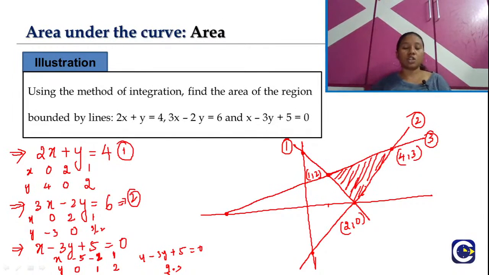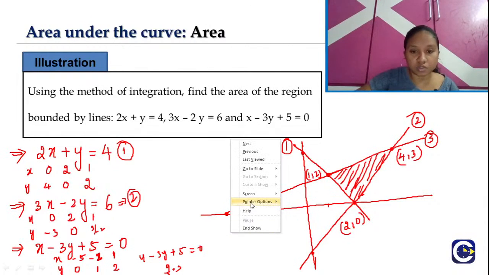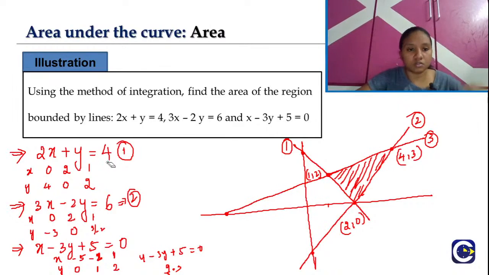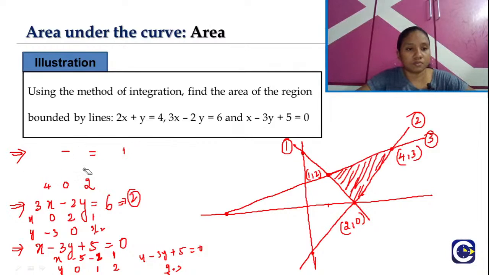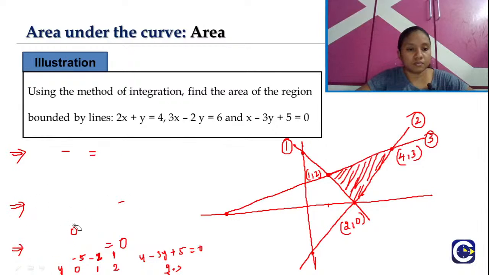What we have to do now is simply write our integration, that is our required area. I'll just erase this part of it. So quickly write the integration part, guys.